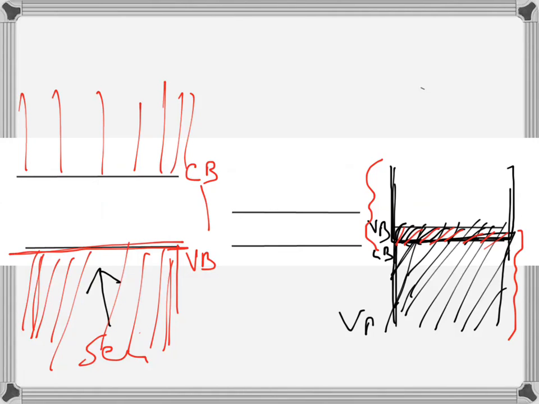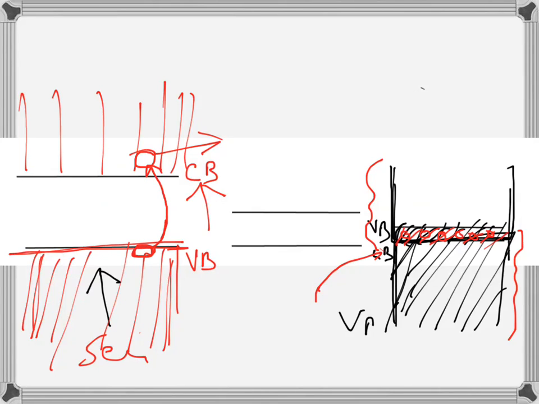Energy increases this way. When an electron from the valence band gets sufficient energy, it goes to the conduction band, and once there it is free for conduction. In metal, electrons are already available, so we just apply an electric field and it goes into conduction.